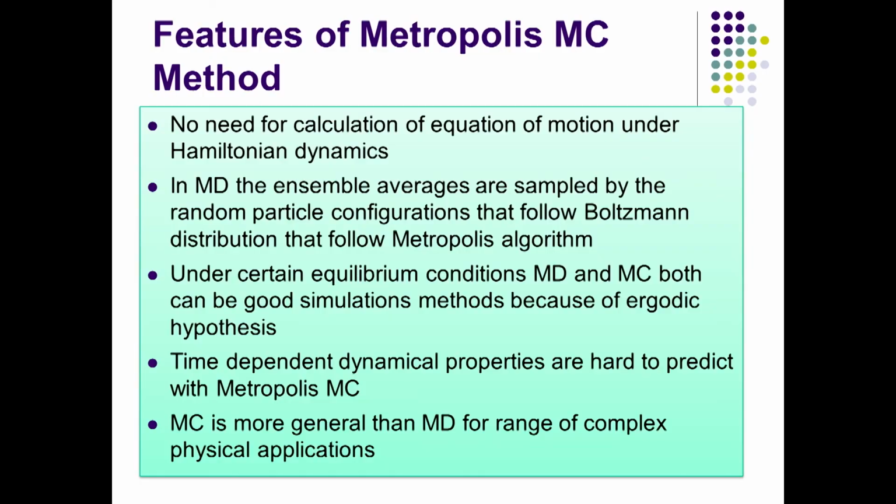Because we are looking just at the equilibrium configurations, MC is more general than MD for a range of complex situations, because these may not be allowed in MD, where you have to have proper ensemble, proper Hamiltonian or Lagrangian dynamics, but MC does not care. MC wants to know, within given boundary conditions which are still applicable, what are the equilibrium configurations following the Boltzmann distribution function. That is why we call it smart sampling. It is a smart way of looking at configurations.